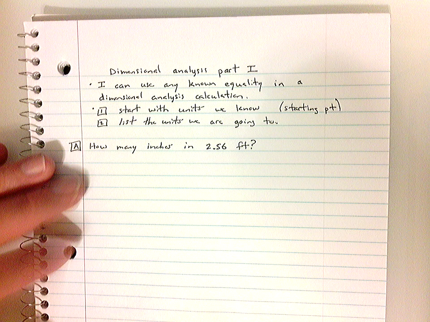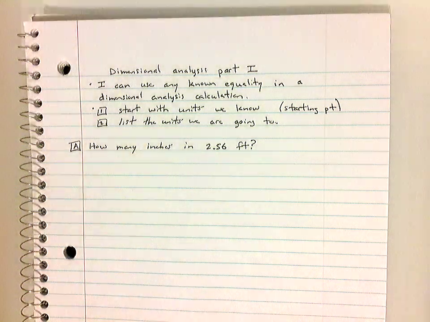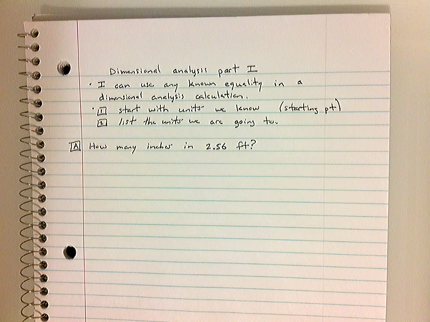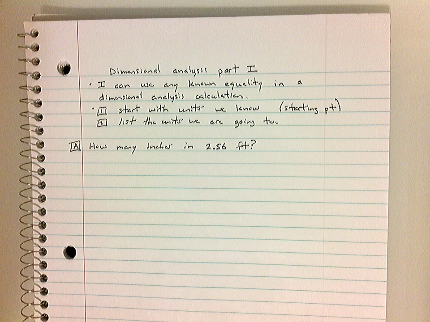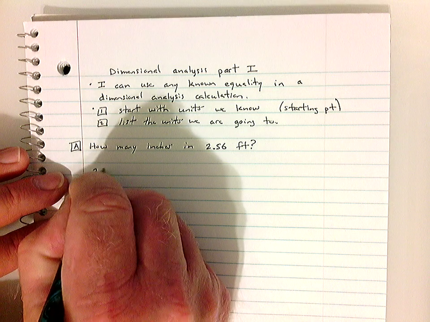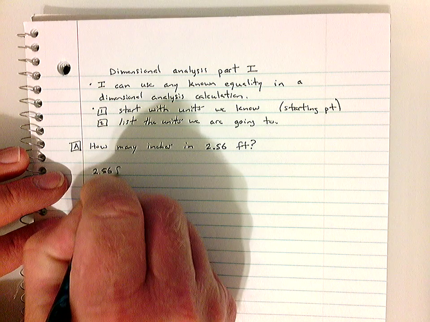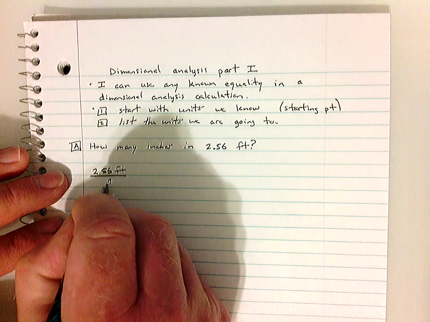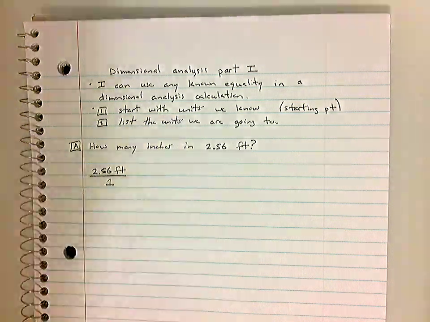So we'll start with one where we have a conversion factor. We're probably familiar with it. We're looking for how many inches in 2.56 feet. The units we know, or the starting point, we're starting with 2.56 feet. We're going to put that over the number 1. That number 1 serves as a placeholder.